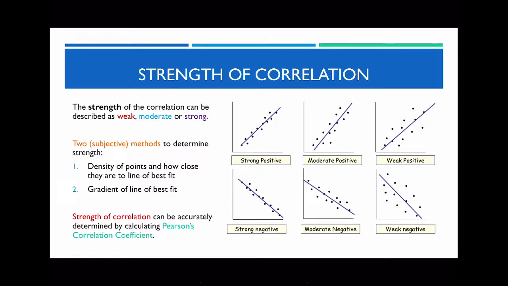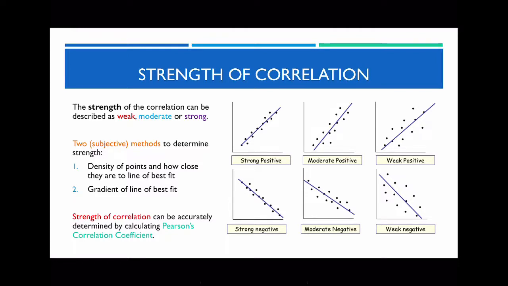Another way is by looking at the gradient of the line of best fit. Generally, a steeper gradient implies a stronger relationship, whereas a smaller steepness indicates a weak correlation.